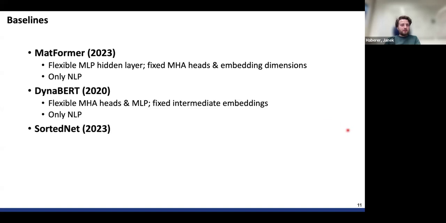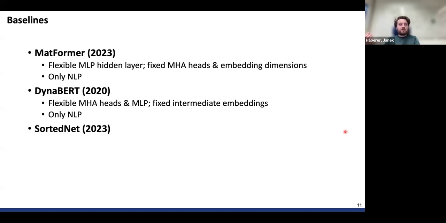In Dynabird, they do adjust the multi-head attention as well, and also the MLP, but they keep the intermediate embeddings fixed. So basically, you stay at, let's say, 768 values or neurons for one embedding. And then when you go into the key query value, you reduce the size.